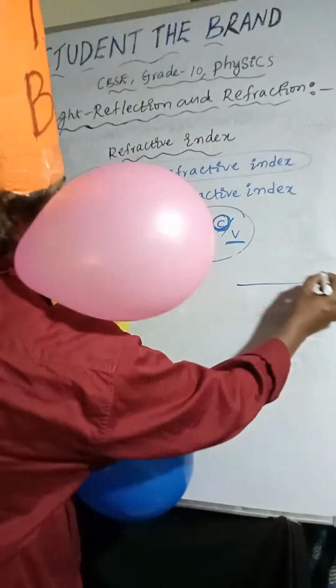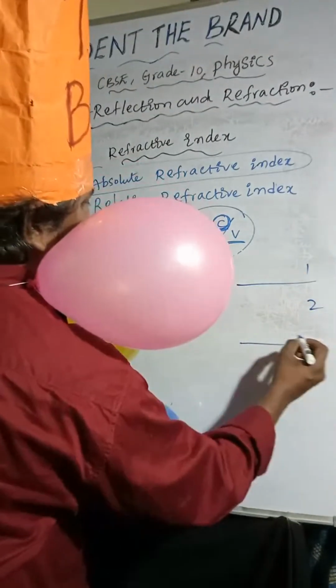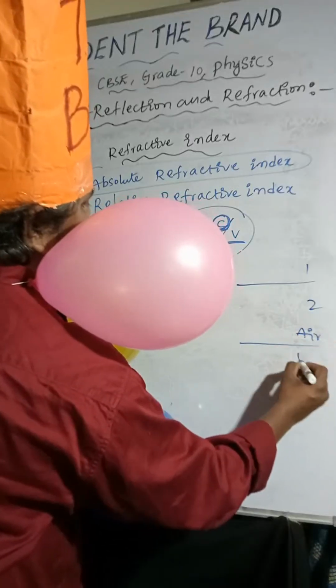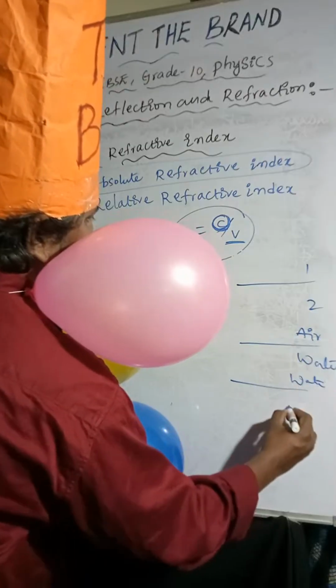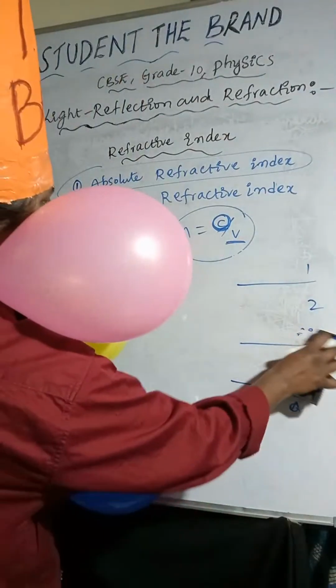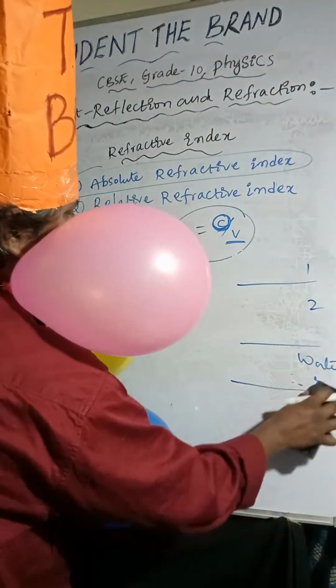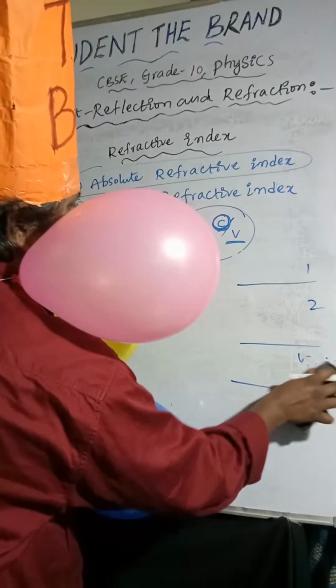So I am taking medium 1 and medium 2, say water and glass. Actually, air we should not take. Any medium other than air we can take, 3, 4, 5, 6 or anything.